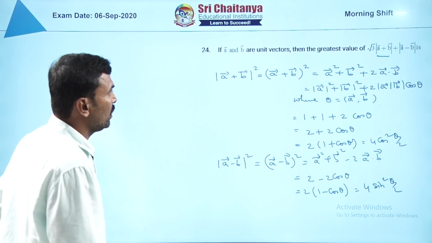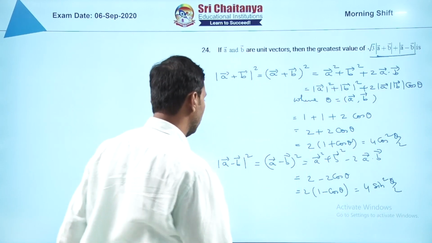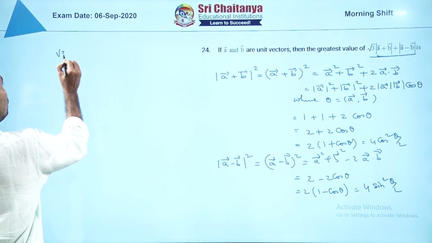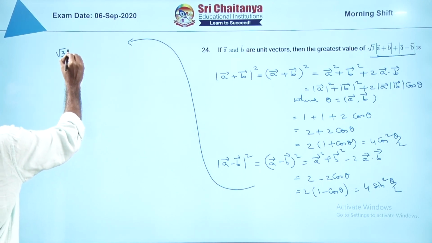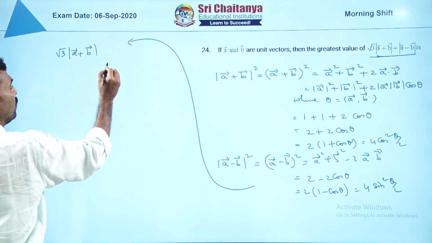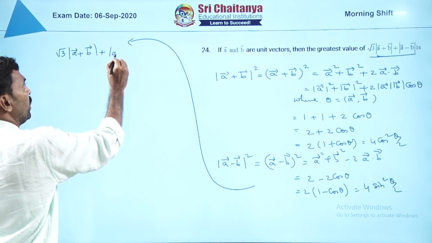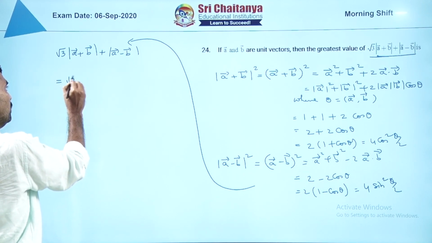So, what is the value being asked? This value is asked. So, now I am taking root 3 times magnitude of A bar plus B bar plus magnitude of A bar minus B bar, which is equal to root 3 times.